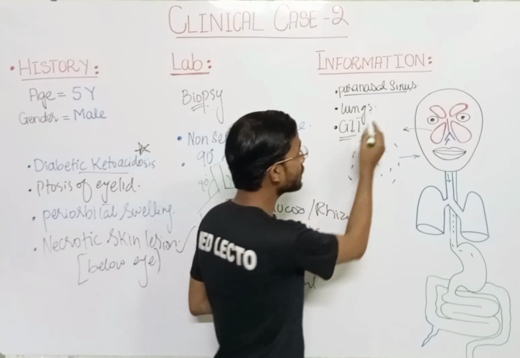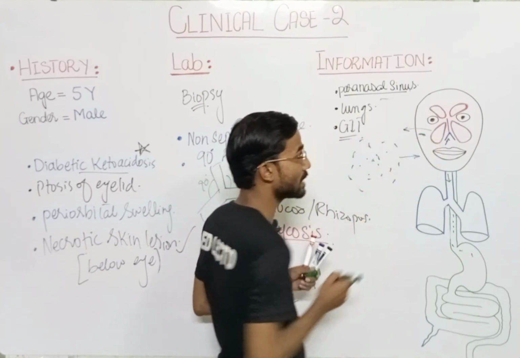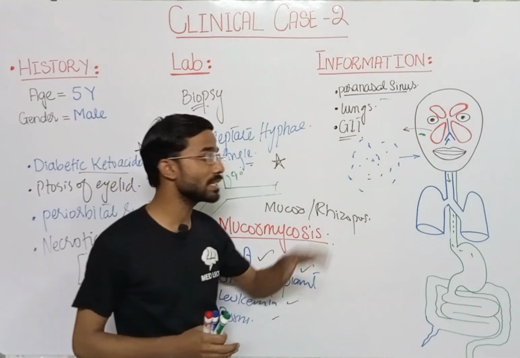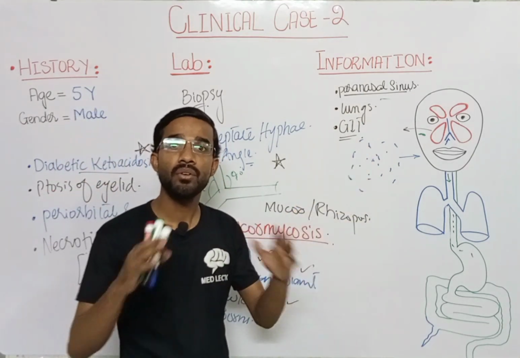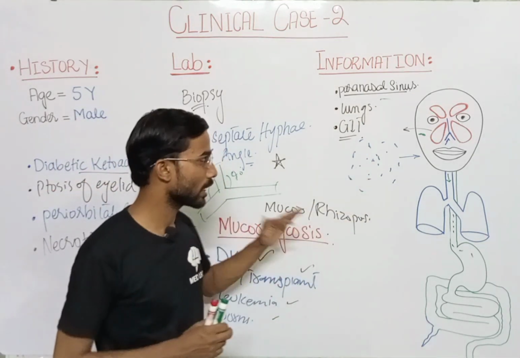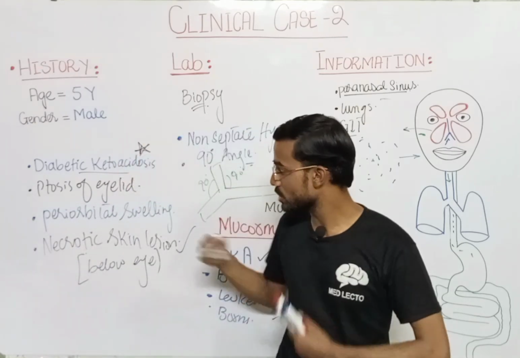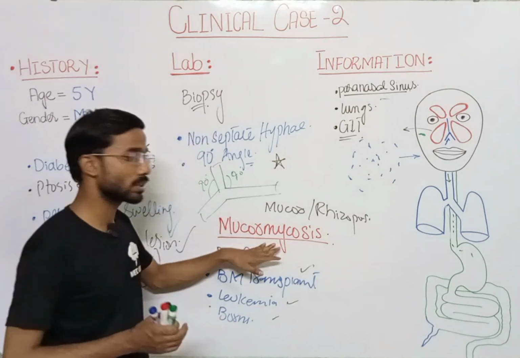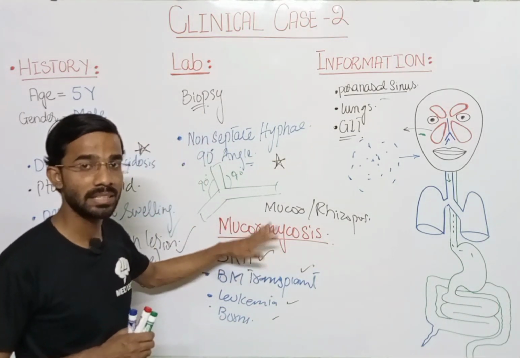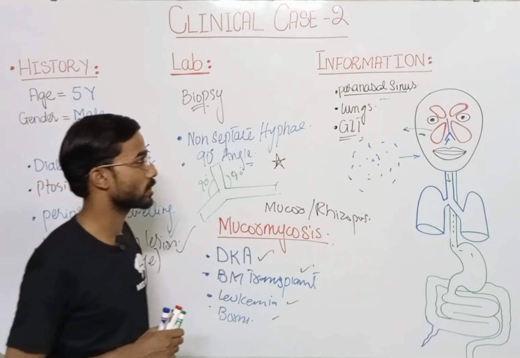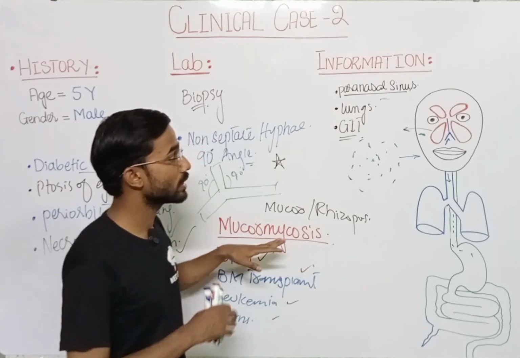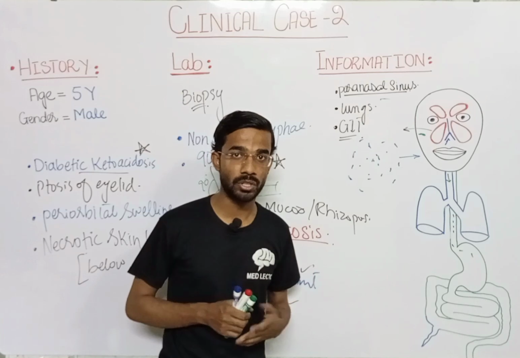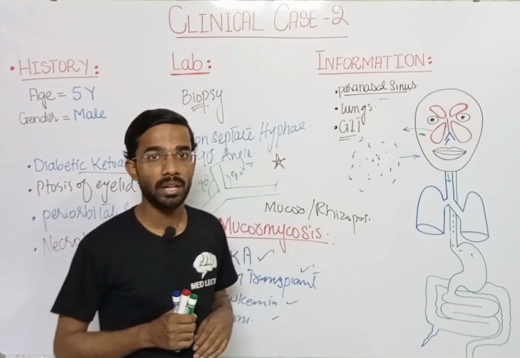Because these spores affect the sinuses, and when they do, you see necrosis on the face. So this point also strengthens our case that mucormycosis is the most likely disease present in the patient. This is all about the clinical examination and what medicines actually work.